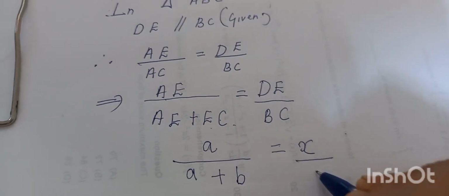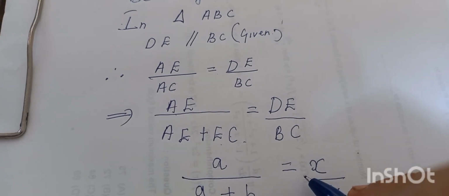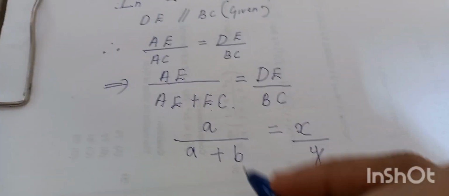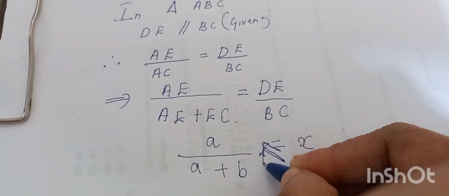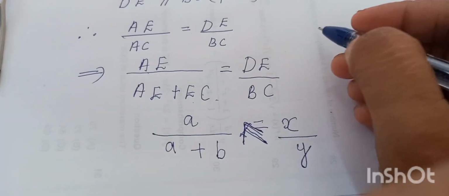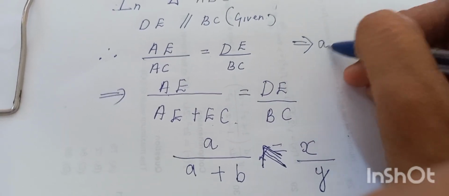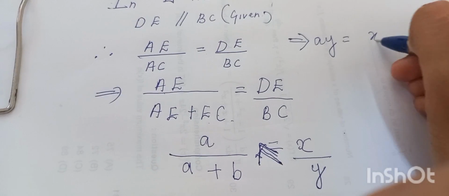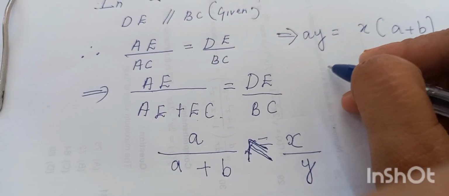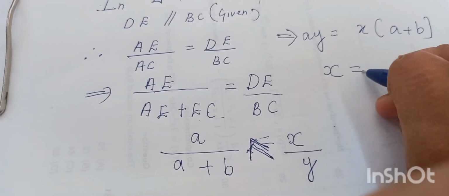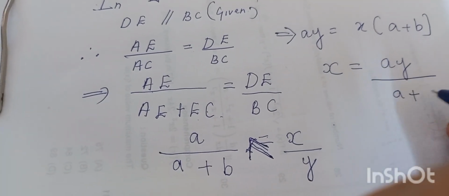So we can write Y. So X, we have to find the value of X. So just cross multiply. We have to find the value of X, which implies AY is equal to X into A plus B. So X equals, we want to find X equal to AY whole divided by A plus B.